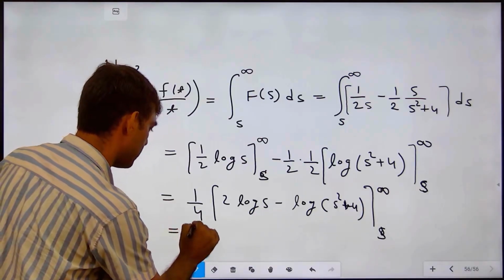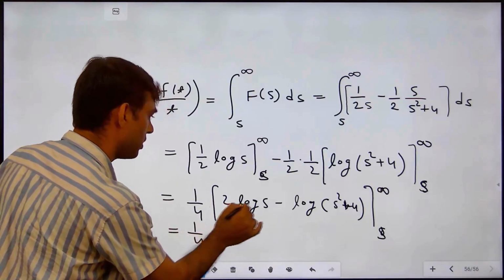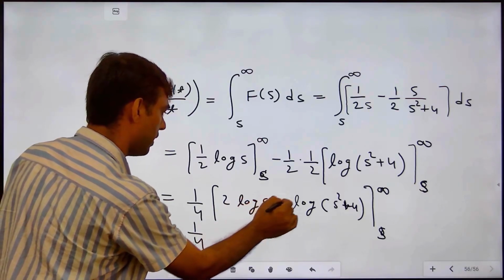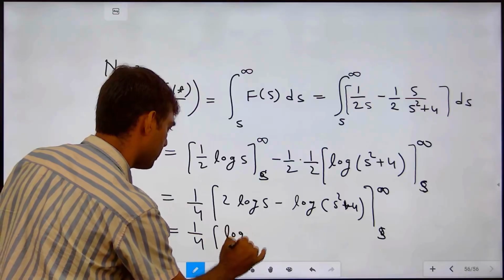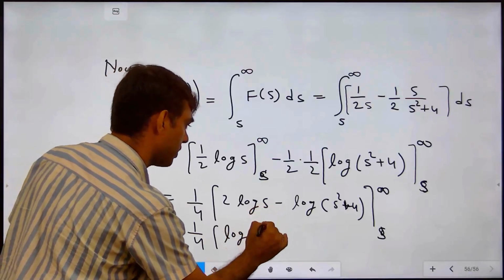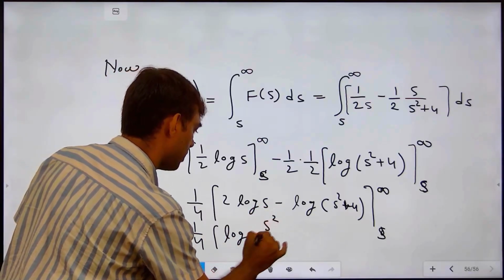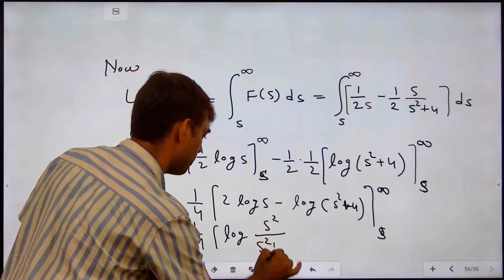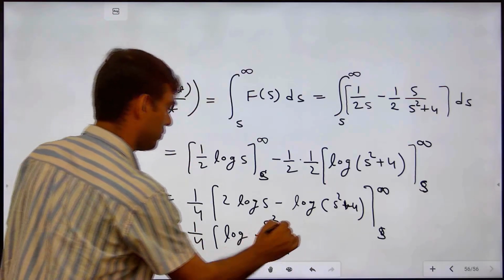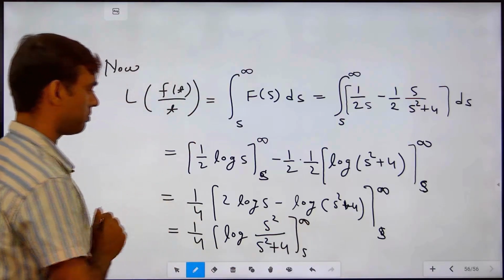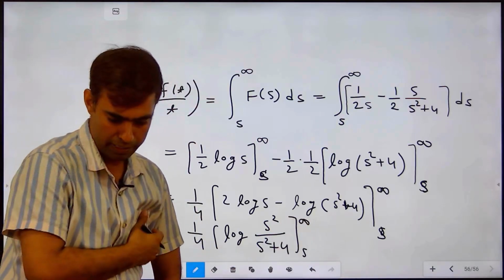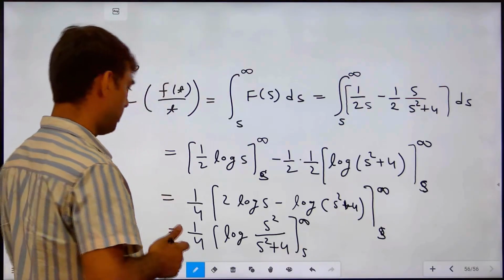This may be written as 1/4 [log s² minus log (s²+4)], which in the denominator can be written as log of s²/(s²+4), with limit s to infinity.